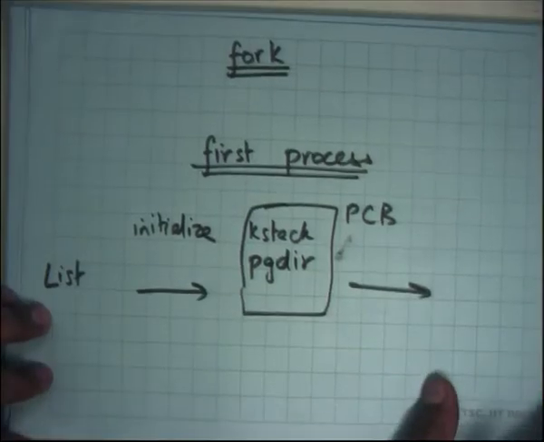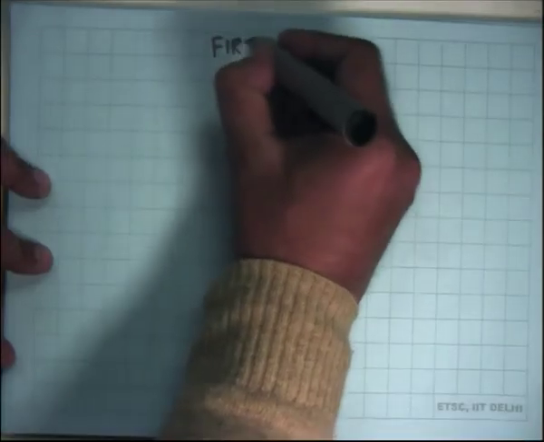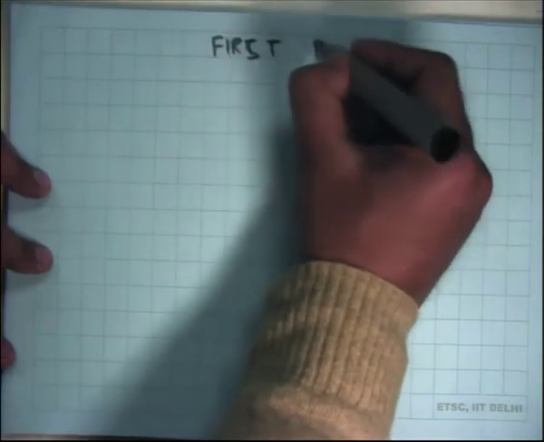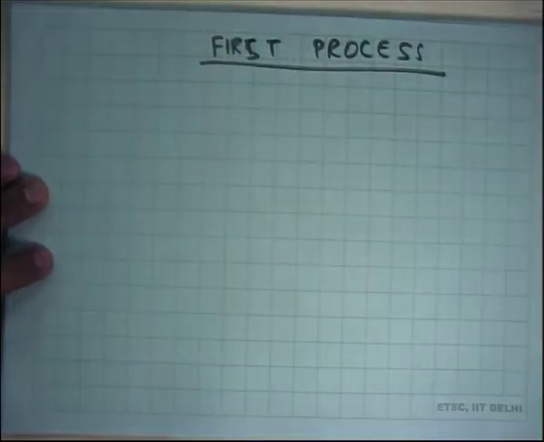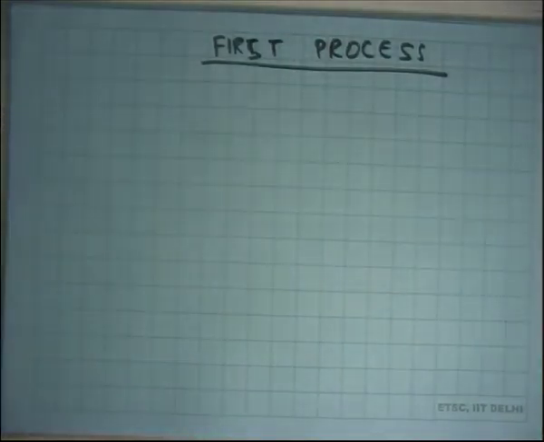Okay, so let's talk about creation of the first process. So after boot up, the kernel has initialized itself to be running off a K-stack, but this K-stack is different from the K-stack of the first process.